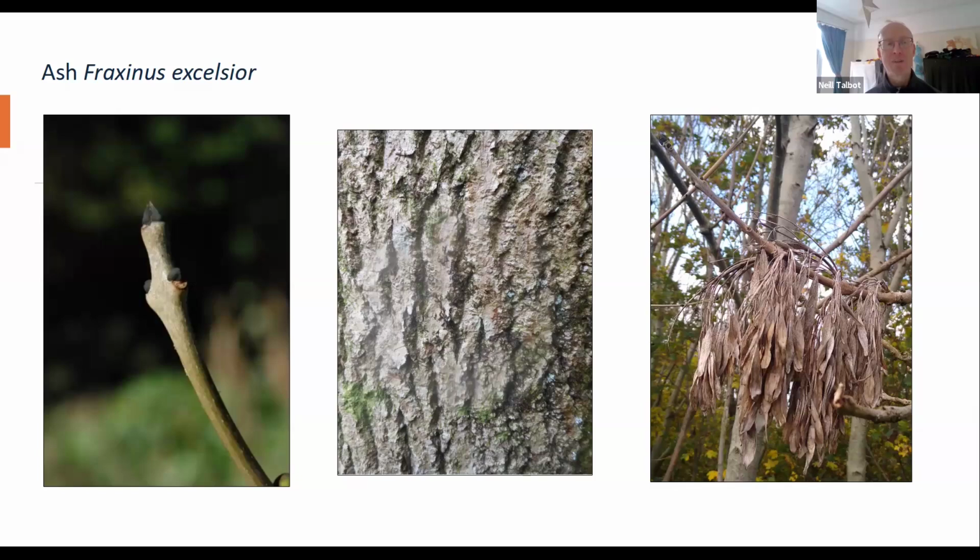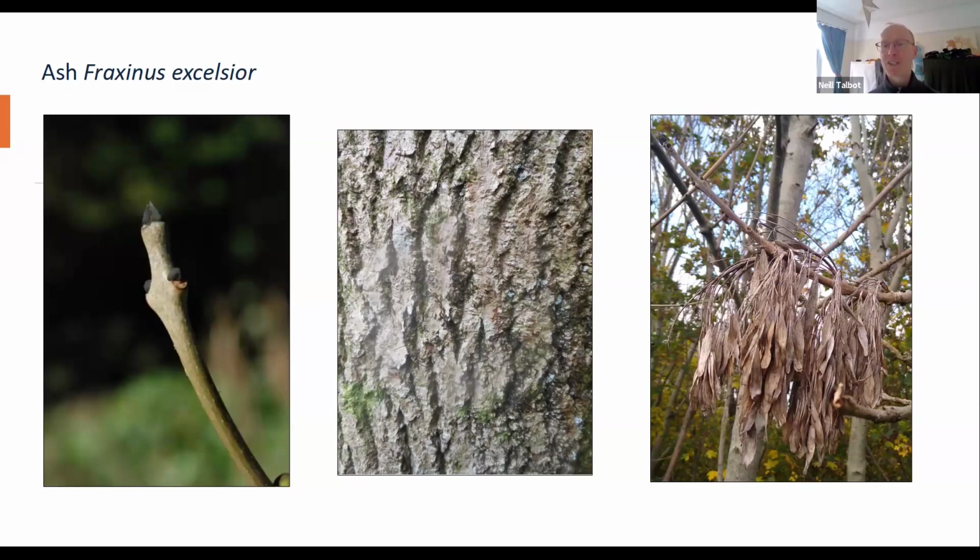The terminal bud is very large, lateral buds not so big, and the twigs are quite greyish green. And then the bark is quite grooved or fissured, not so much as oak, but as they get older, they will become more so.